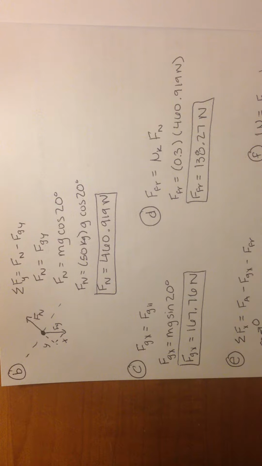So we can say the force of the x component of gravity is equal to mg sine 20 degrees. And you just have to look at the angle and figure out if your side is opposite or adjacent to figure out if you use sine or cosine.